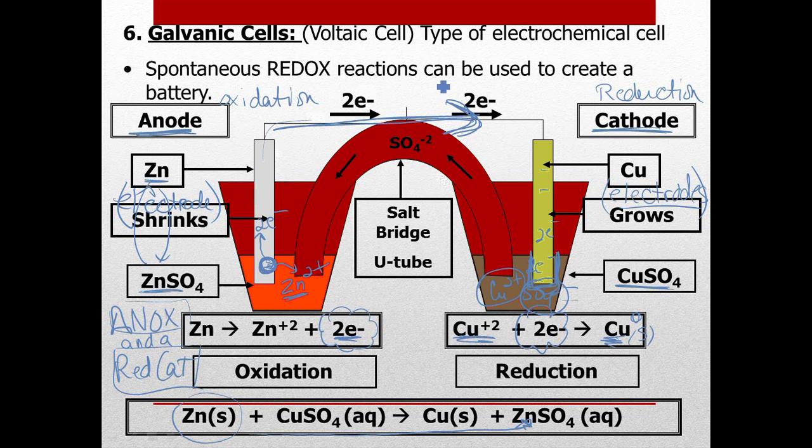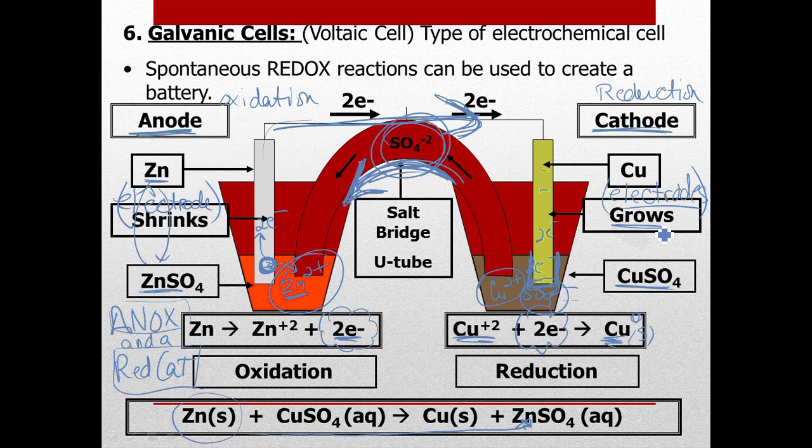So for every negative charge that comes this way, a negative ion has to go in the other direction to keep everything balanced or electrically neutral. And that's good because this sulfate is needed over here to bond with that zinc. So negative electrons go in that direction, negative ions go in the opposite direction, and you get this circuit to keep everything balanced and neutral. And that's what your battery is.